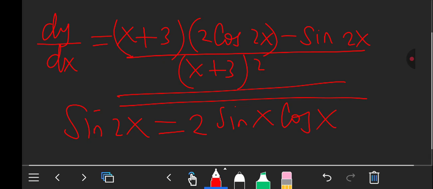That won't add any extra mark unless you've been taught to simplify it as far as possible. But for this level, we can end here as our derivative.